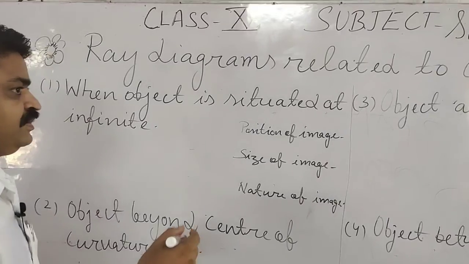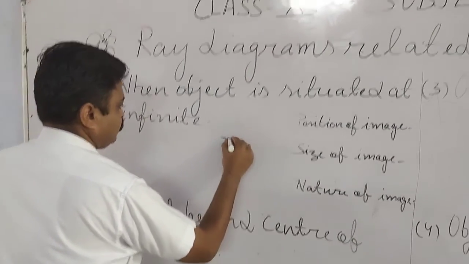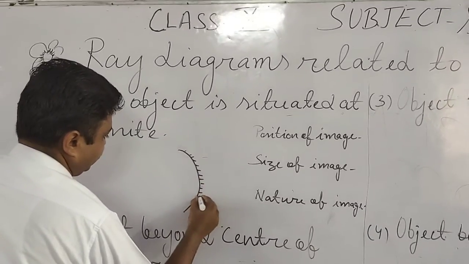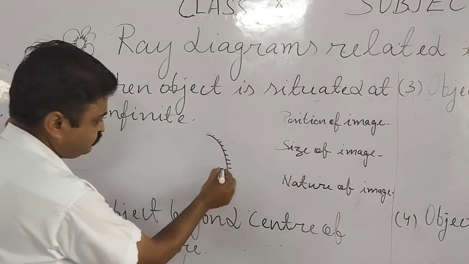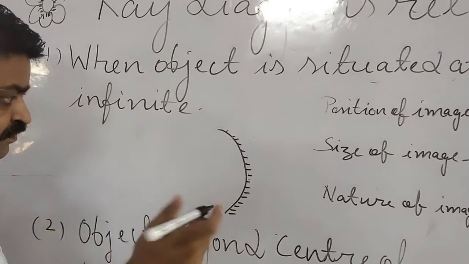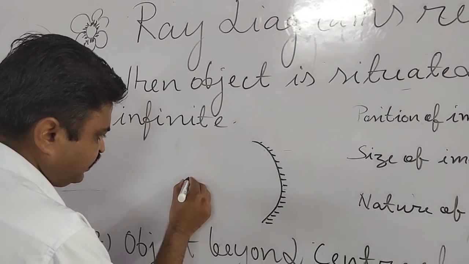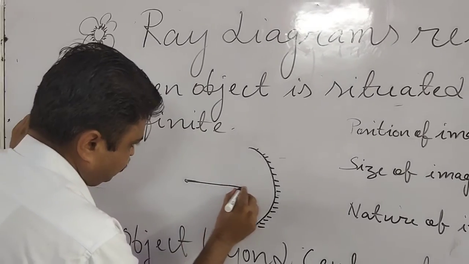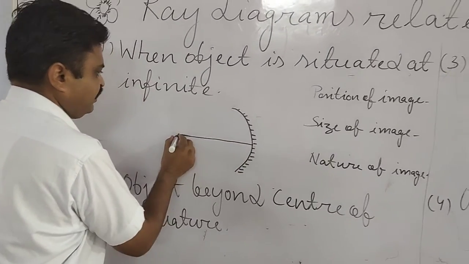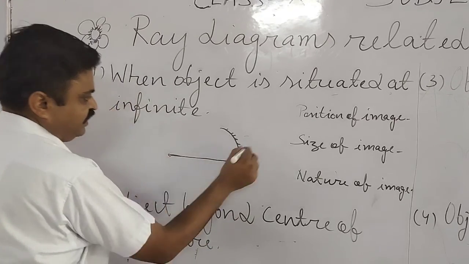Like this is the concave mirror. Now first we will take its center of curvature. This is its center of curvature, and from the center of curvature to the mirror we draw one line.